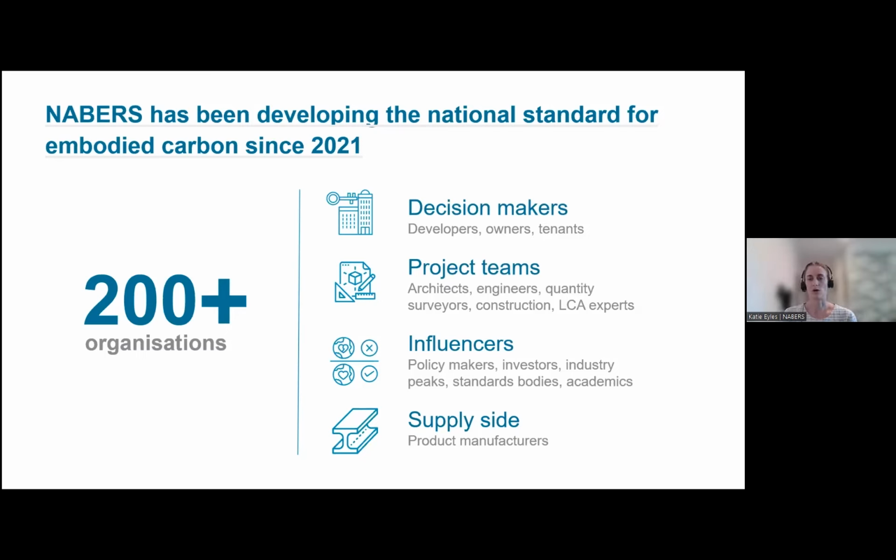What we've been doing while working with everyone is coming up with a set of principles for what a national standard for embodied carbon should involve. So those principles are effectively the 10 big decisions that we need to make as an industry on what and how to measure embodied carbon. So a couple of examples of those kinds of principles are: what kinds of emissions data is it appropriate to use?